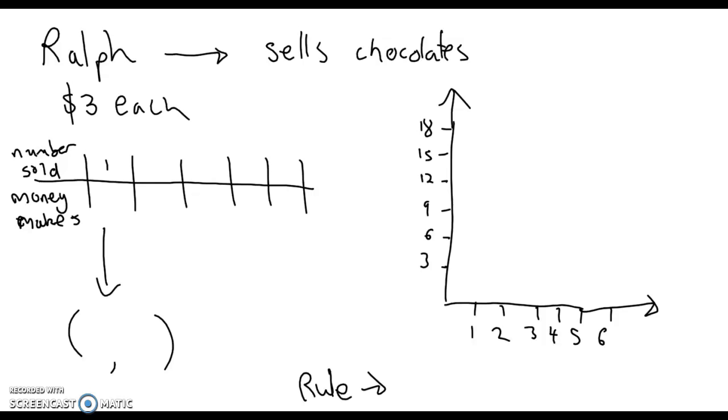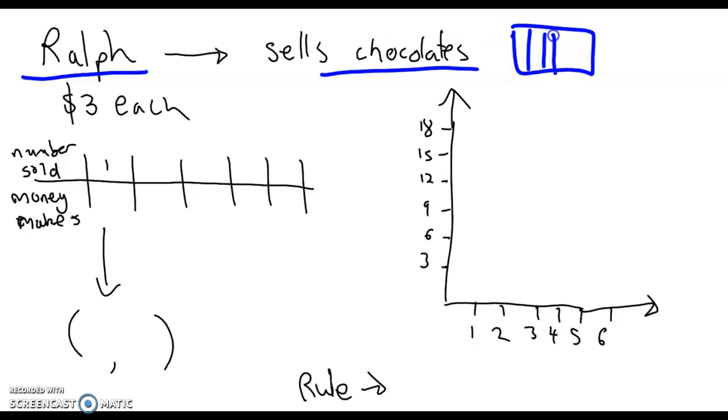Let's consider this situation. There was a guy named Ralph, and Ralph, he liked to sell chocolates. Now, he sold chocolates for $3 each.